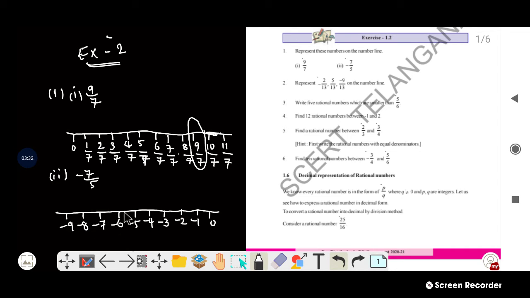Okay, so each and every number you divide by 5. Once you see that, minus 7 by 5, I am identifying here on a number line. Okay, so this is the first question that we identified on a number line.